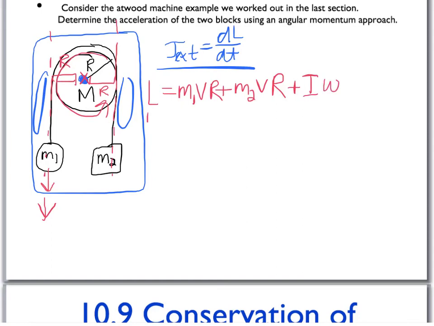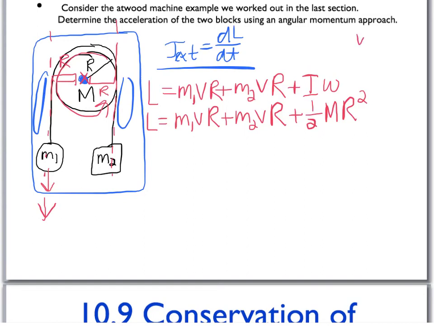Now we're going to simplify this a little bit. So L is going to be an M1 VR plus an M2 VR. The I of the pulley itself, remember, was a 1/2 M R squared. And omega, again, because V is equal to R omega, omega can be rewritten as V over R. So again, we'll simplify, cancel one of these out.